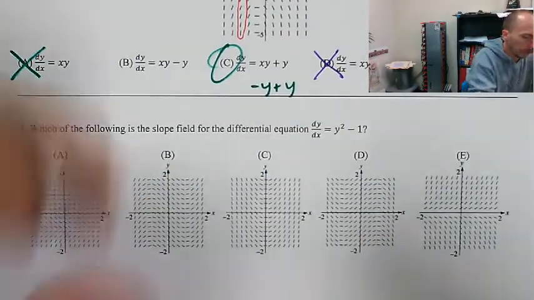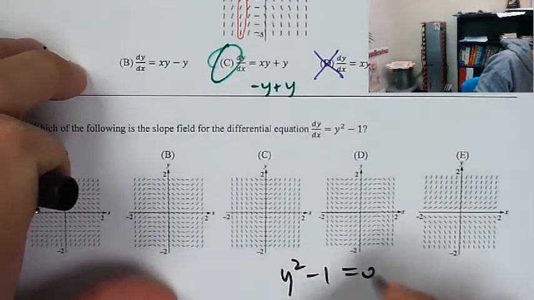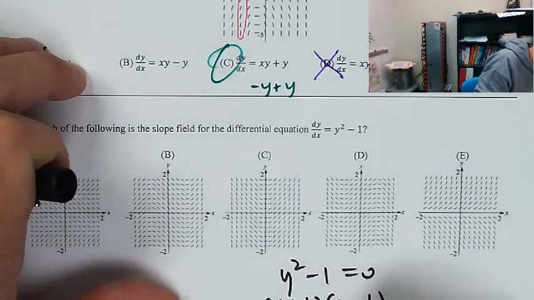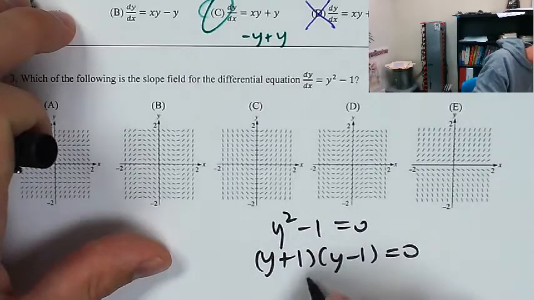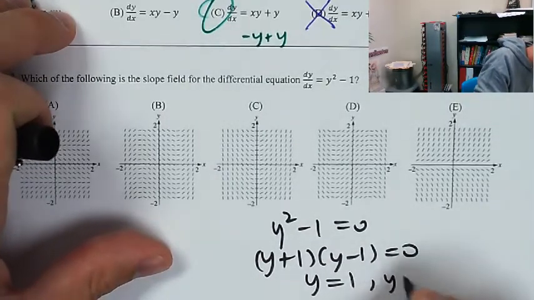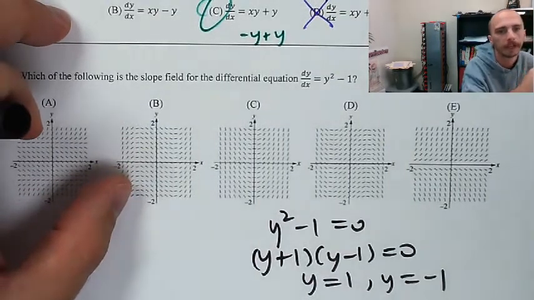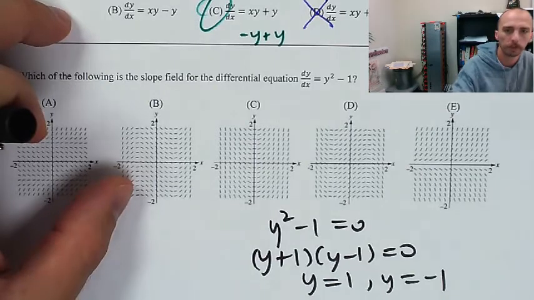So let's think about what's going to make dy dx equal 0. That's where y squared minus 1 equals 0. I can factor, and this happens when y is equal to 1 or when y is equal to -1. So I need to have two places where I'm seeing horizontal tangents. That's going to be important.